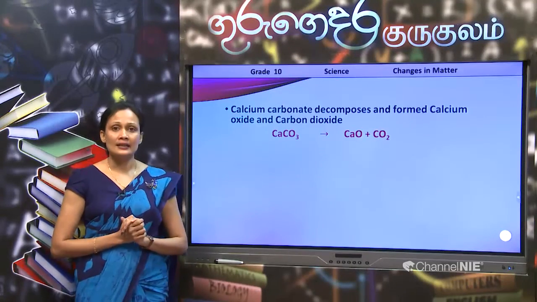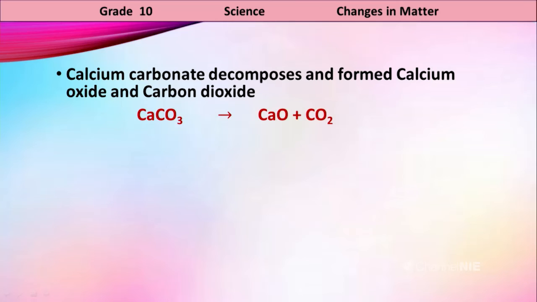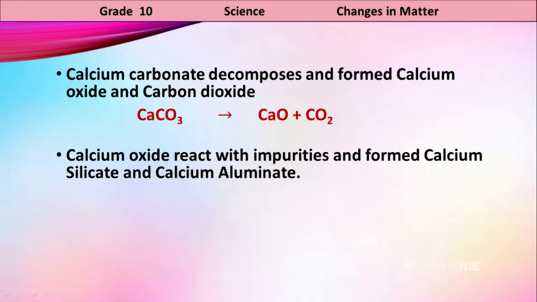Because of the heat inside the furnace, the calcium carbonate decomposes and forms calcium oxide and carbon dioxide. That calcium oxide reacts with the impurities and forms calcium silicate and calcium aluminate. Look at this one. Calcium oxide reacts with silica and forms calcium silicate.